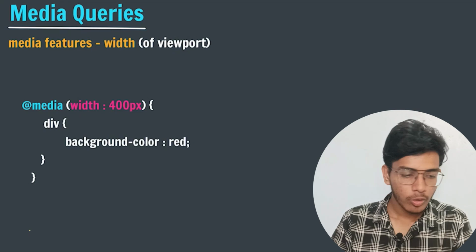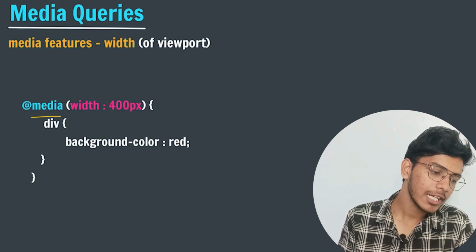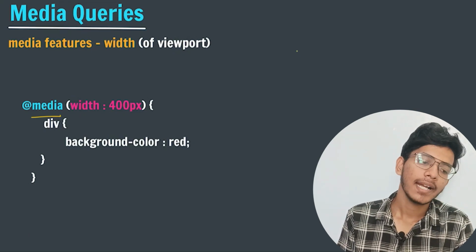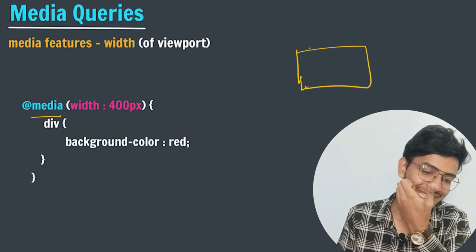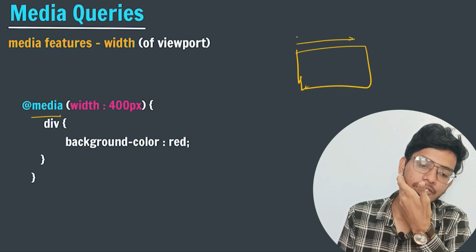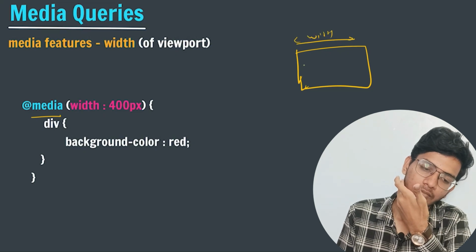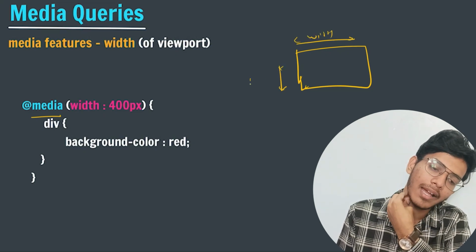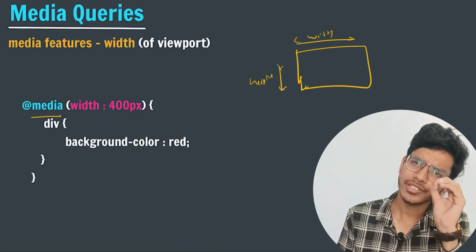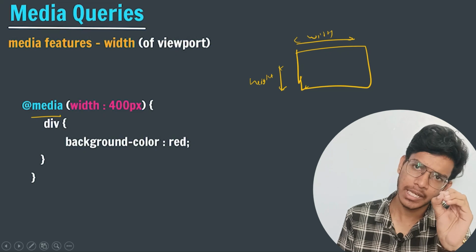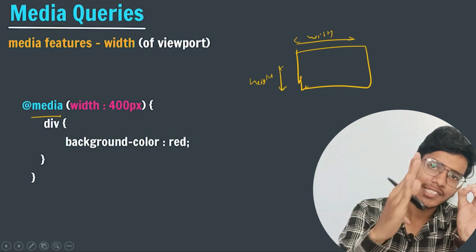To implement media queries, we will write media, and let's say this is my screen. This will be my width and this would be my height. Now I want to change some options in my screen as the width is decreasing.